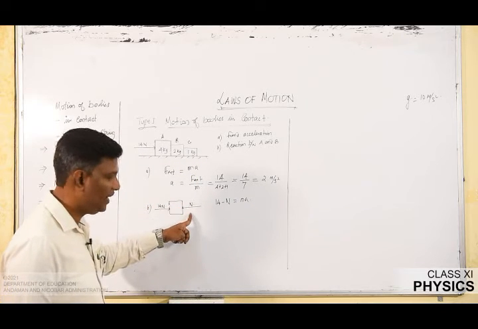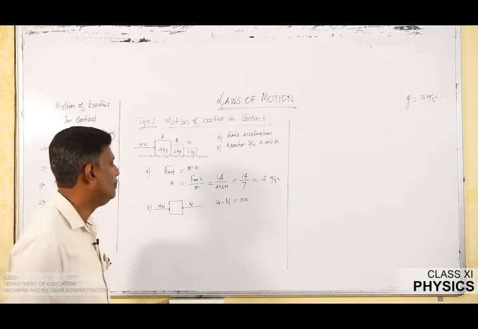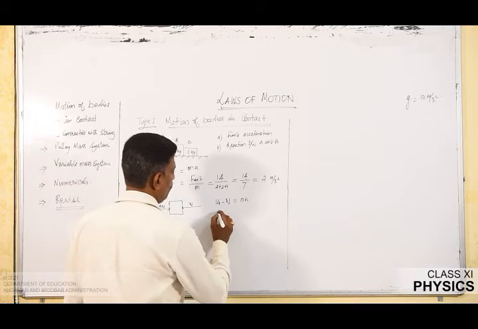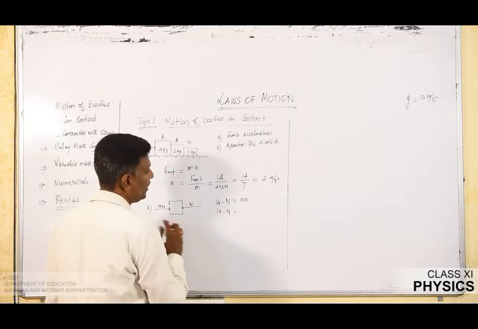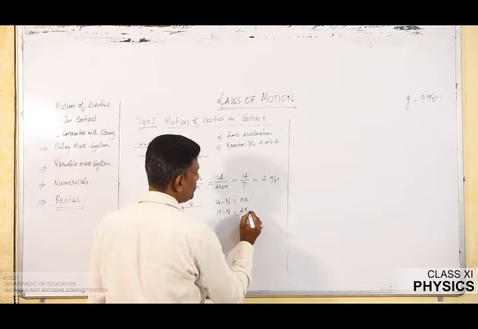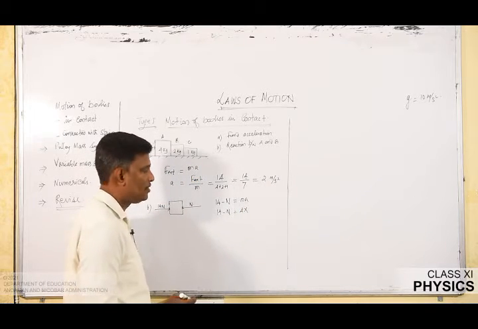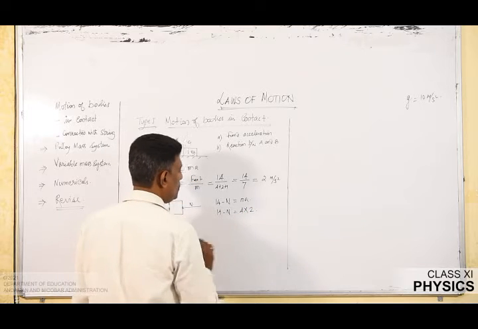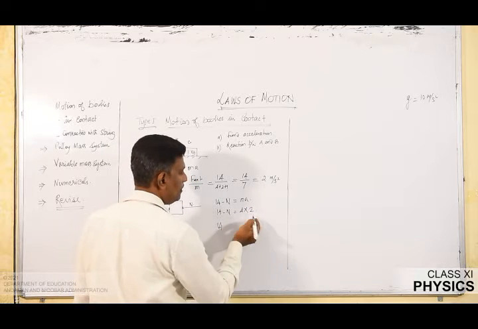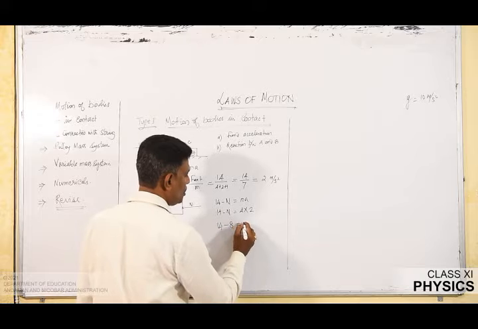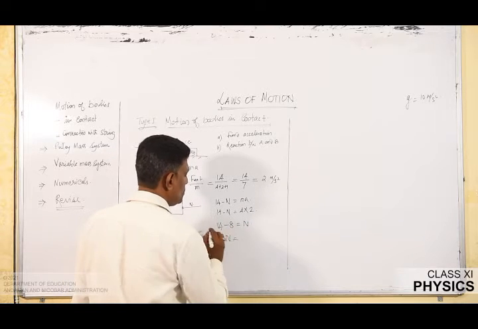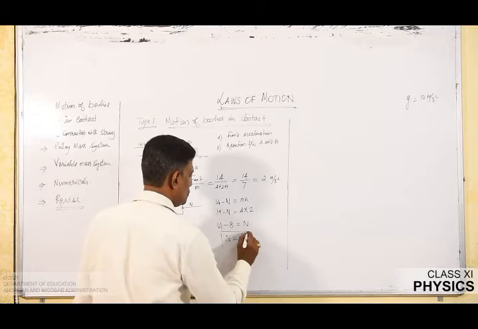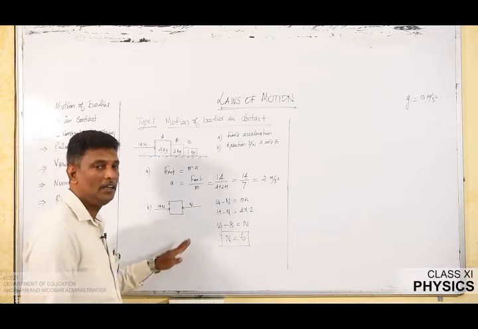So 14 minus N is equal to mass, which is 4 kg, into acceleration, which we have already calculated, that is 2. So 14 minus 8 is equal to N. So N is equal to 6. So this is the normal reaction.